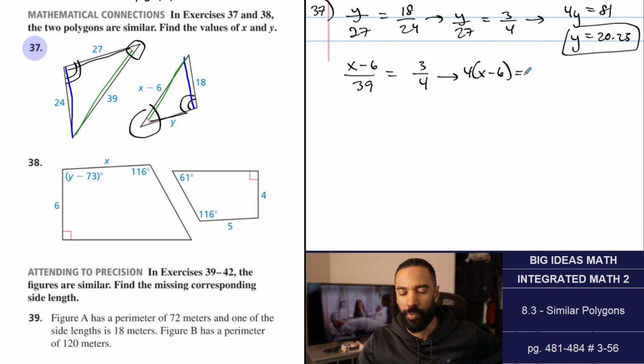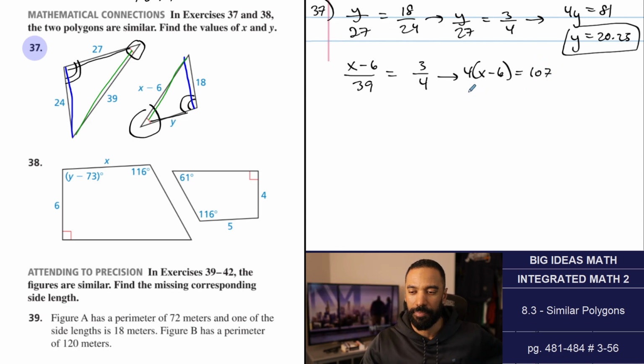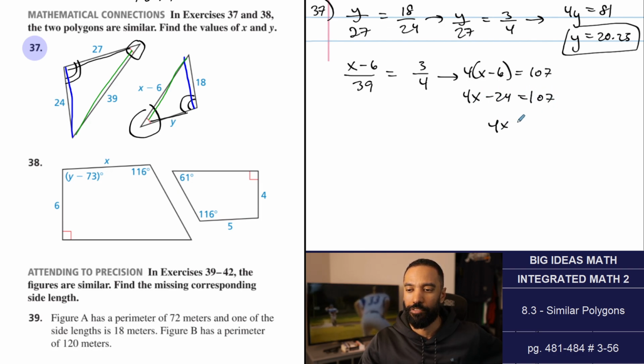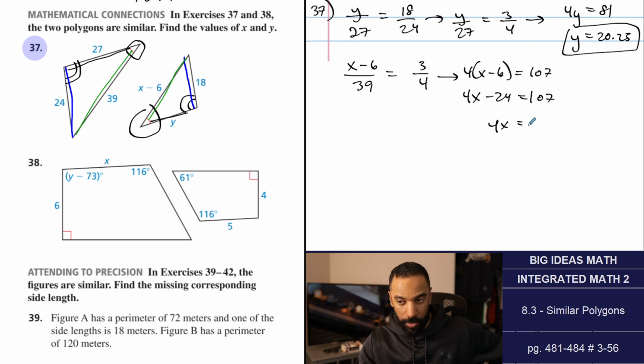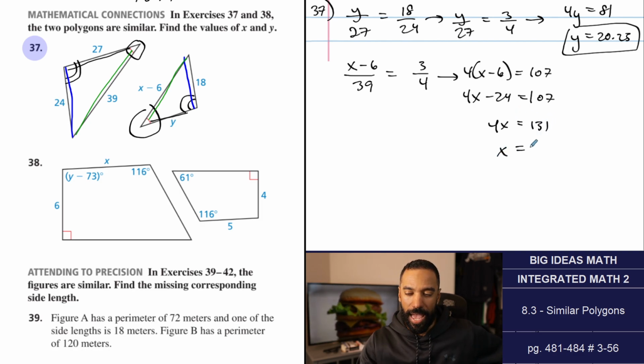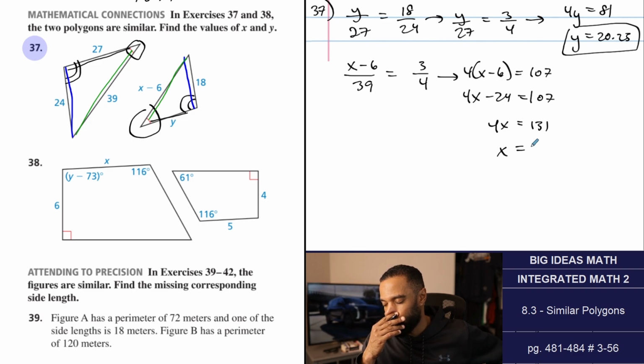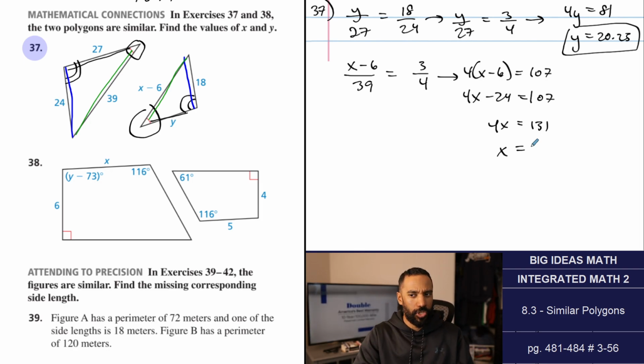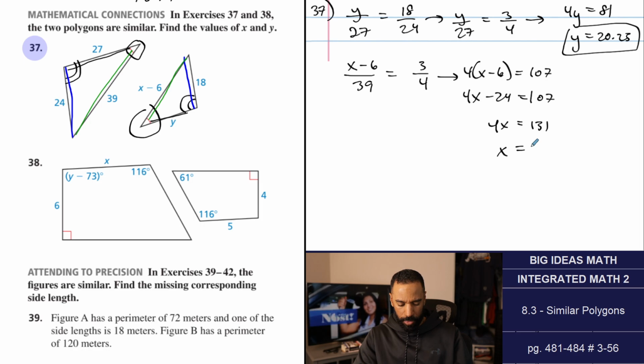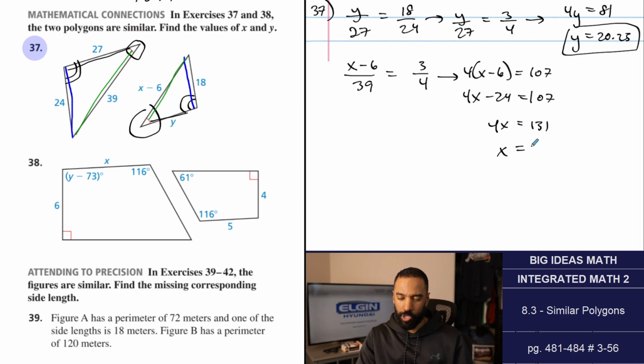And 39 times 3, 107. Also not going to be a clean answer here. So 4x minus 24 equals 107, or 4x equals 131, or x equals 30... I don't want to get this one wrong. 131 divided by 4 is 32.75.